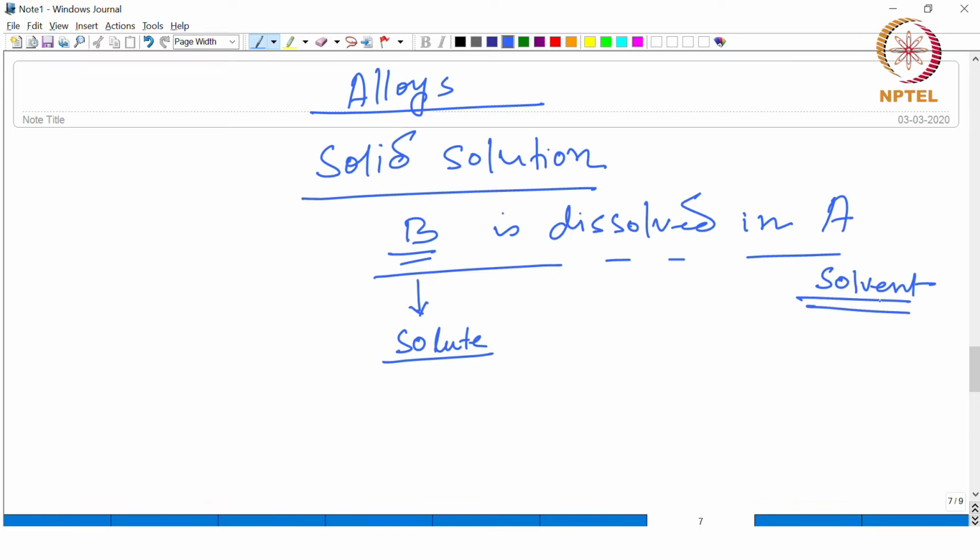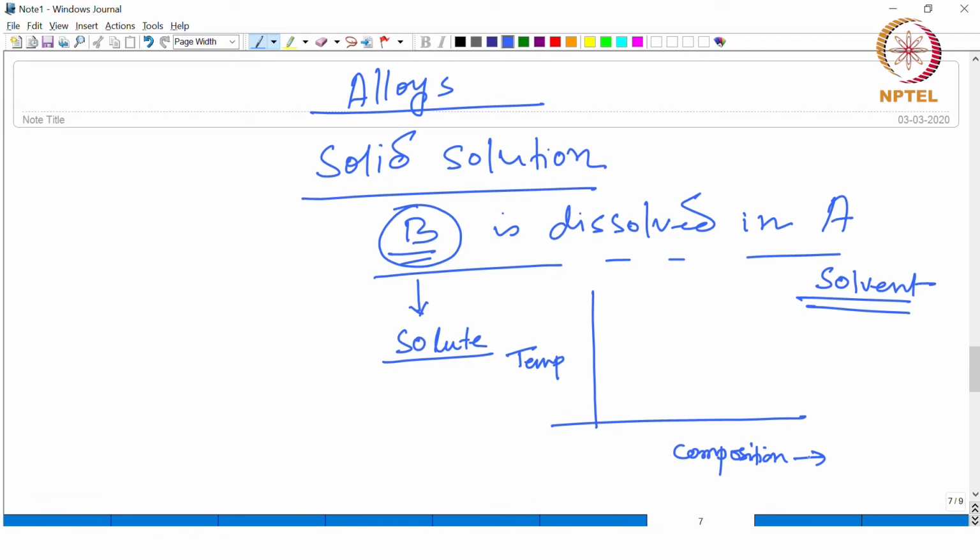Right. So, different alloys might have a different alloying content in terms of the amount of B which can be dissolved, and that can be seen with the help of an equilibrium phase diagram, which shows the composition as a function of temperature.